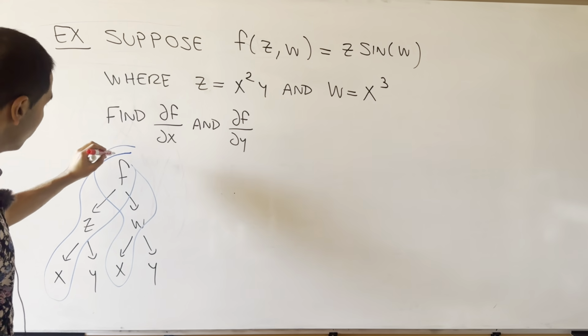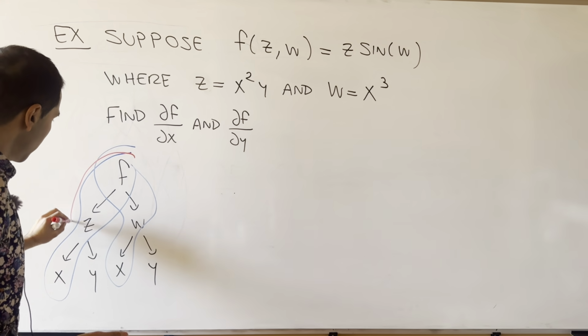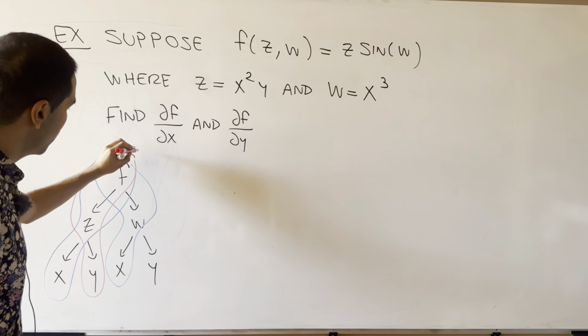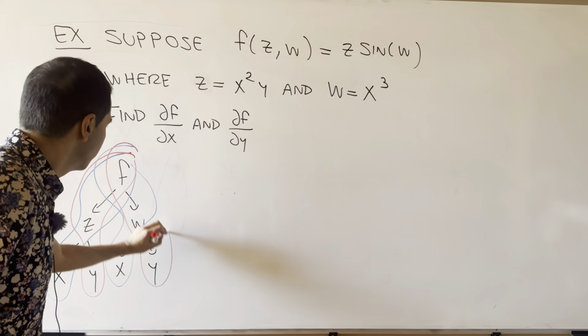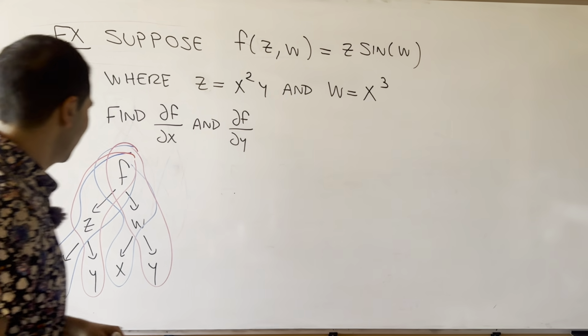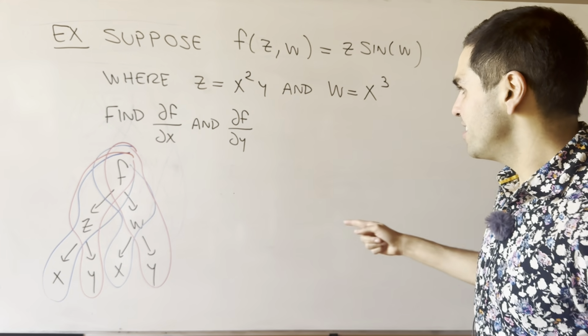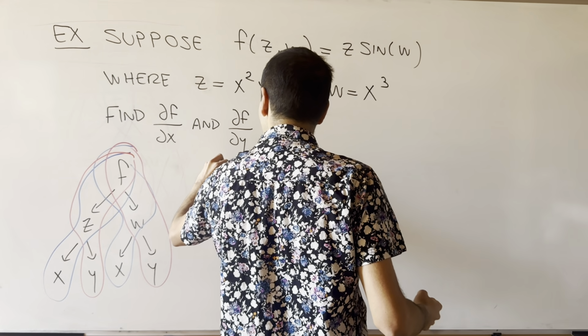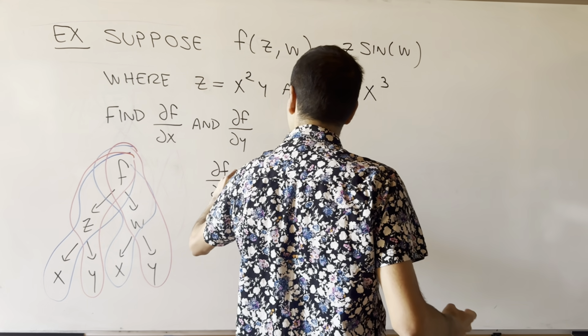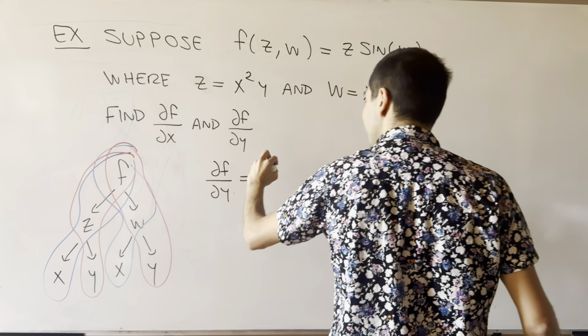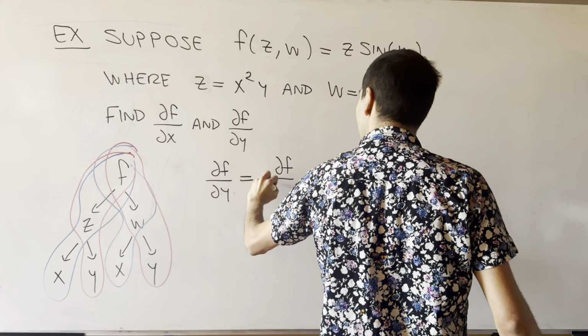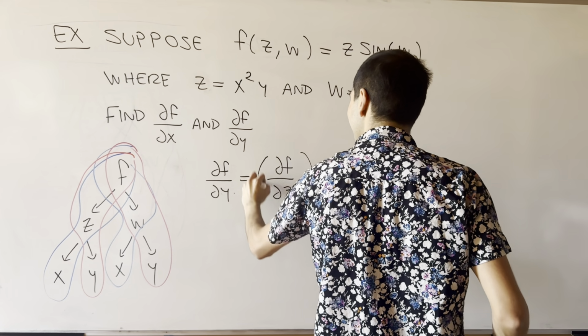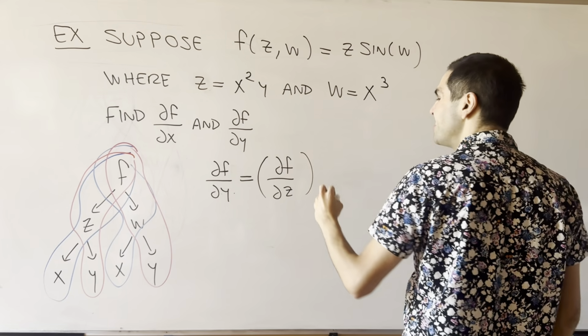So for df over dy, once again, you look at all the chains that end with y. I know it's kind of scary, but in that case, we get df over dy. Okay, the first chain is the z chain, so df over dz. Hope you're not getting too dizzy.